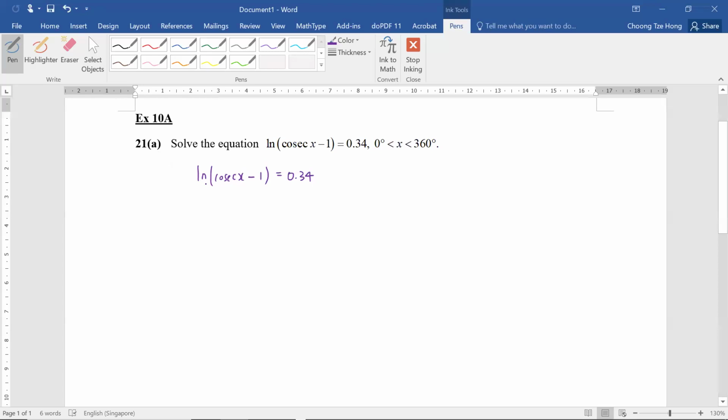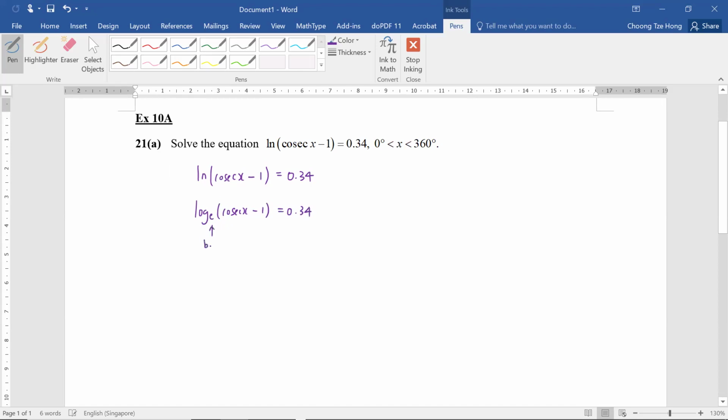If you think about this, we can convert this into the exponential form, then the ln function will no longer be there. If you recall, ln means log base e. So essentially, this question can be rewritten as log base e of (cosecant x minus 1) equals 0.34.